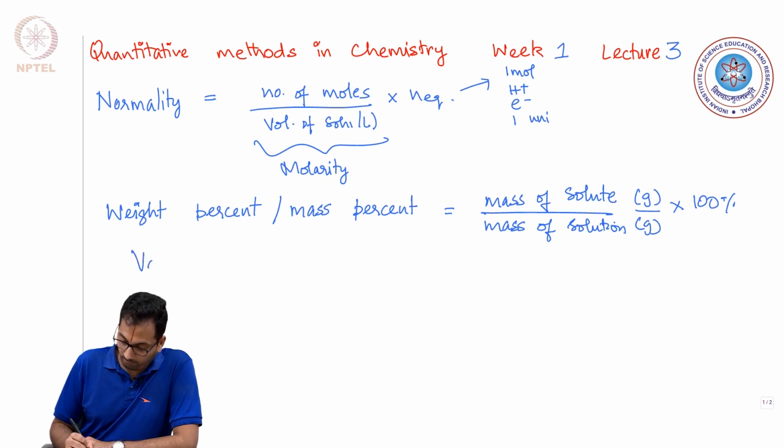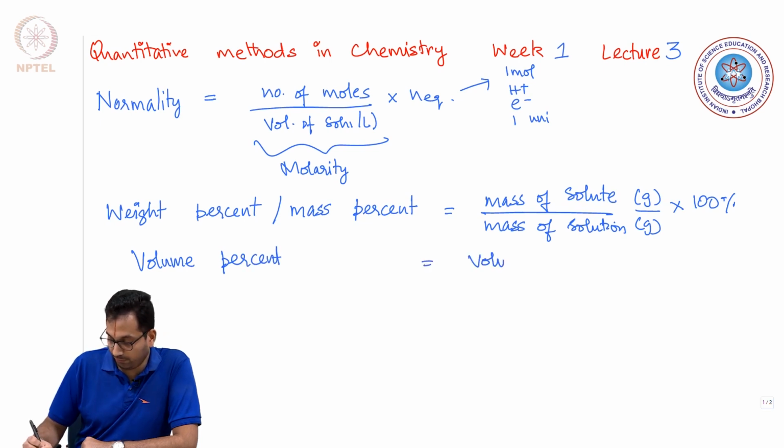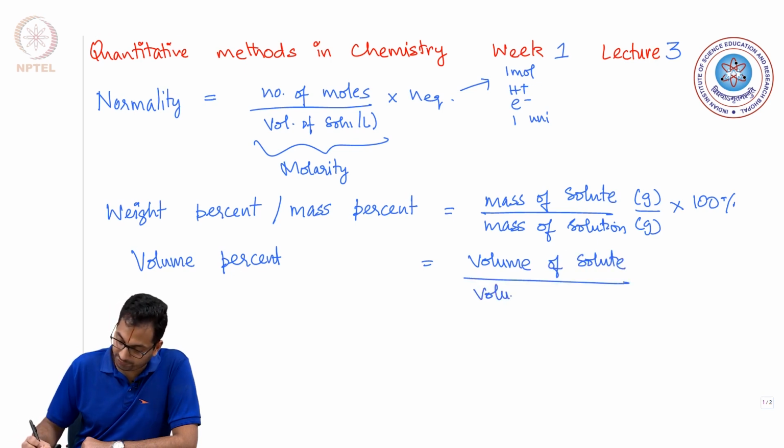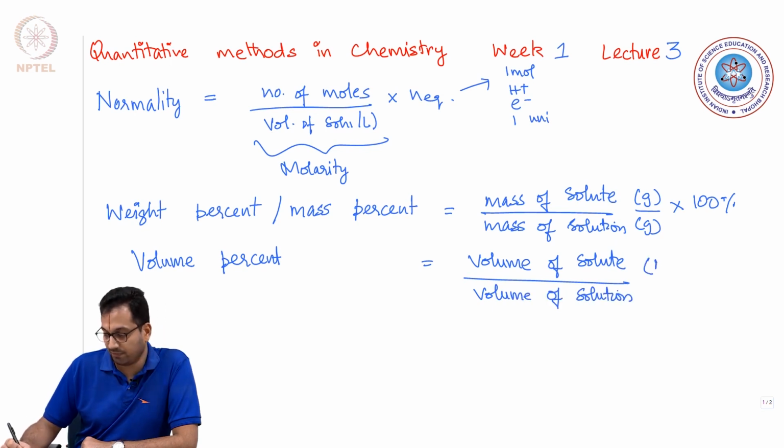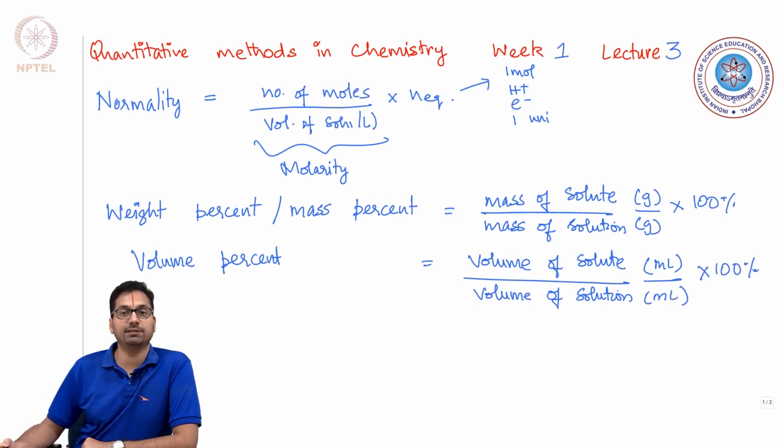The other one is volume percent. This is defined as the volume of solute divided by volume of solution, of course in the same units. If you are using ml, it is better to use ml on both the numerator and the denominator, multiplied by 100 to get percentage.